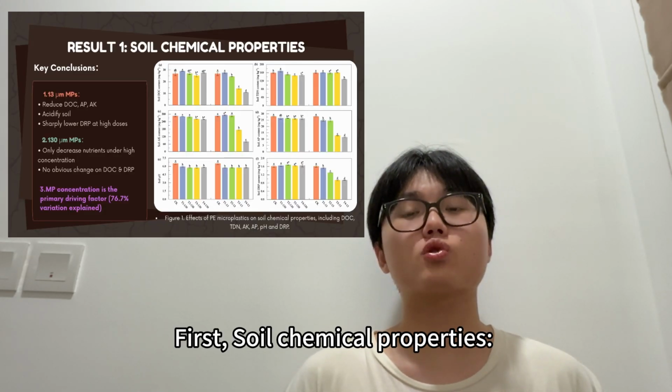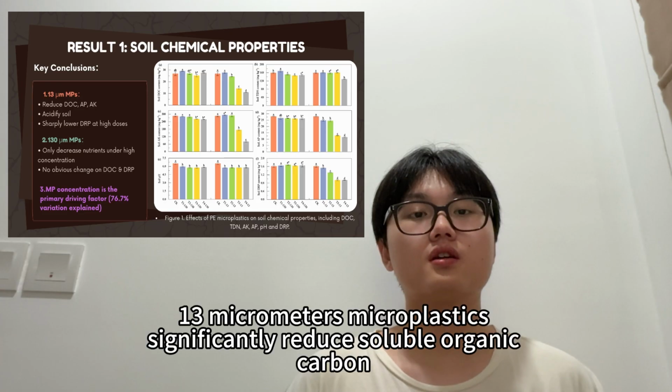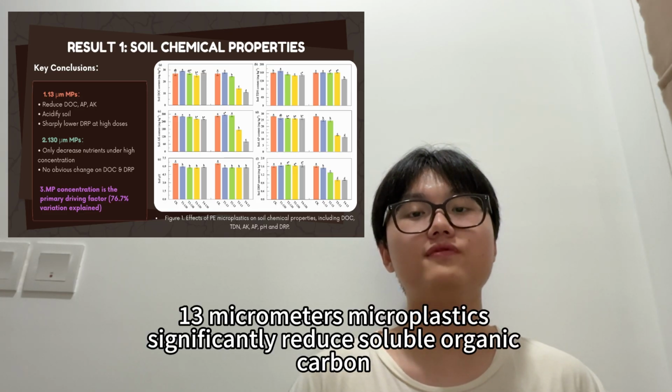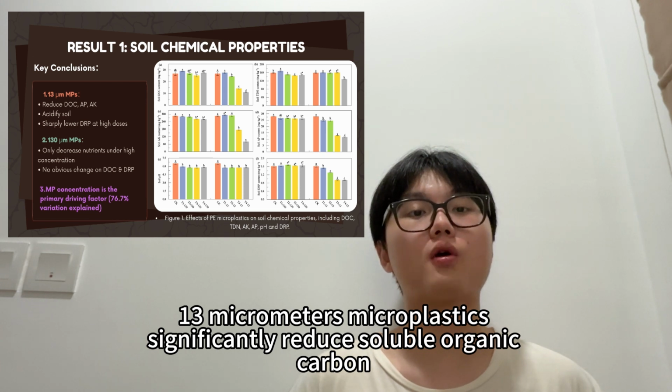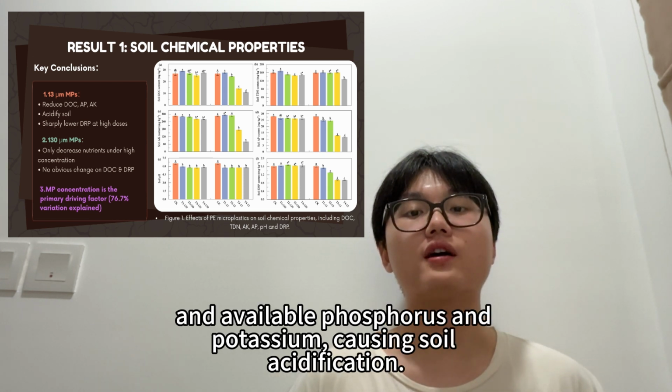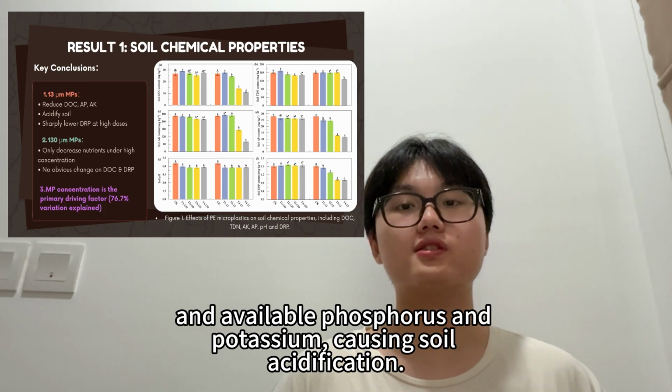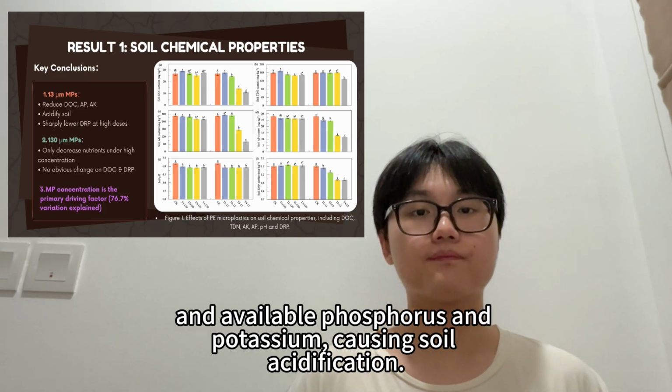First, soil chemical properties. 30 micrometers microplastics significantly reduce soluble organic carbon and available phosphorus and potassium, causing soil acidification.